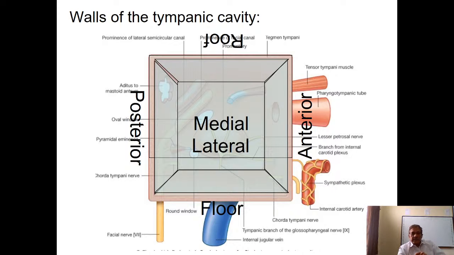And the carotid wall, which is otherwise the anterior wall, has two openings in the anterior wall itself.